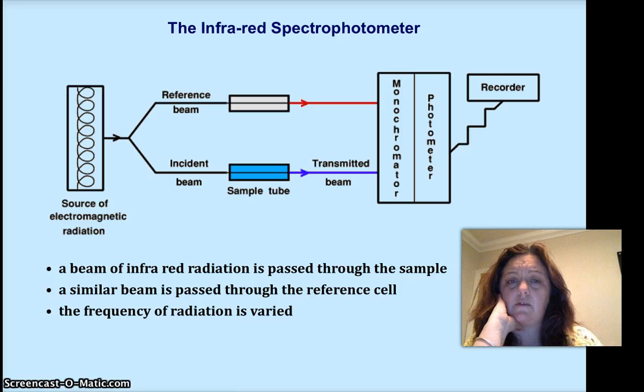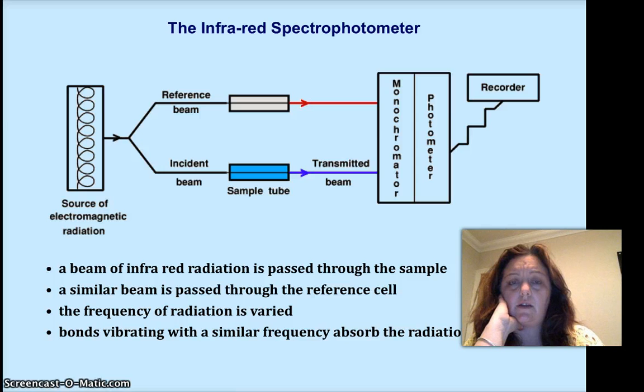Now that's done for a variety of frequencies. You would start at the low end and build up, getting a different incident ray going through your sample at a different frequency until you'd gone through the whole infrared spectrum.